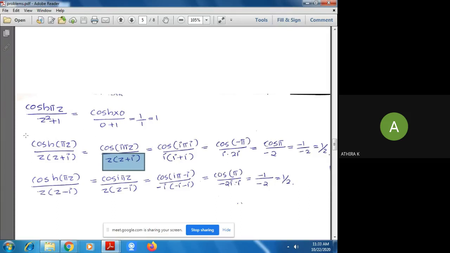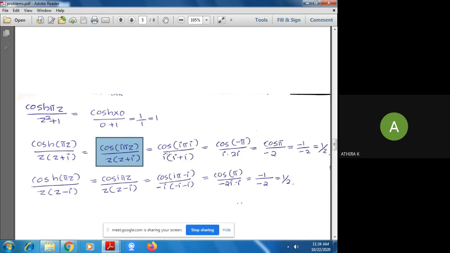We already know that cosh z is equal to cos(iz). Here there exists a π also. So cosh(πz) is equal to cos(iπz). And I choose cos(iπz) instead of cosh(πz). So our equation becomes cos(iπz) divided by z(z + i).